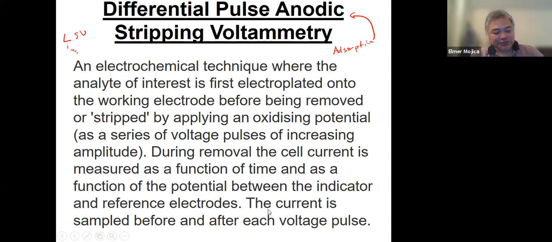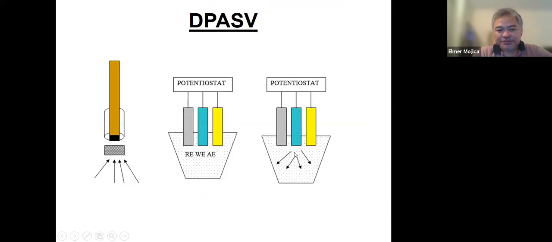And the current is usually sampled before and after the voltage pulse. Kaya meron tayong tinatawag na pulse, differential pulse. So nag-a-apply ka ng voltage pulse doon. Okay? So the way that you're going to have it here, so these are the three electrode system.